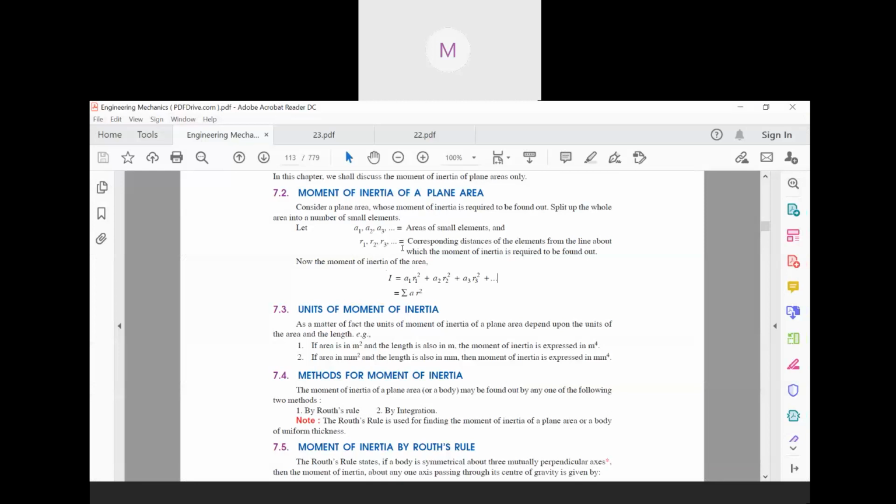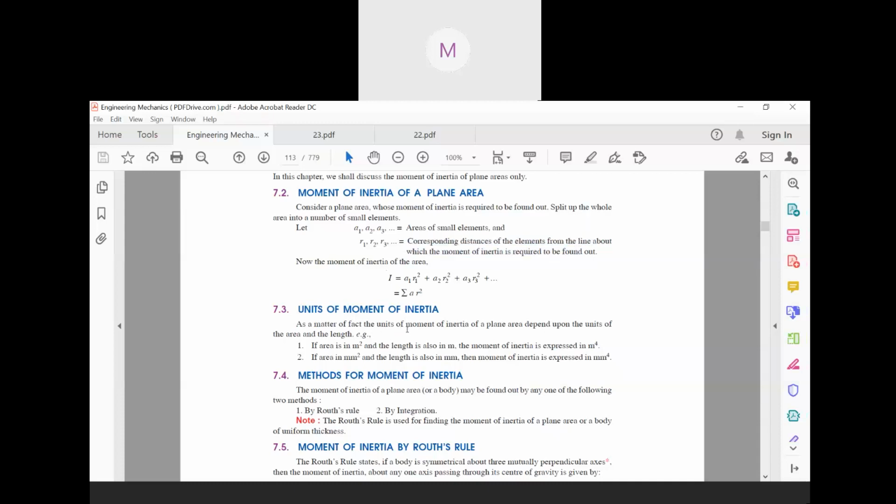Like y1, y2, that one, na? Same thing here also, just you'll have to find out the corresponding distance.